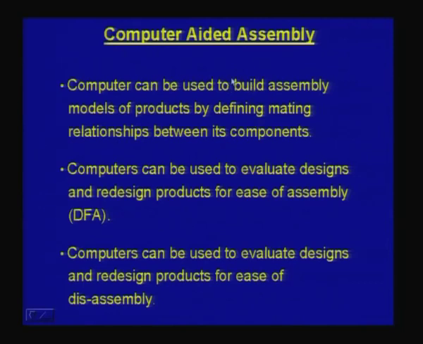So, in an assembly you are not looking at a single component geometry, but at how various components are put together, what the mating relationships between various components are, and how the assembly is going to look, or how assembly can be carried out, can be visualized using computational tools.